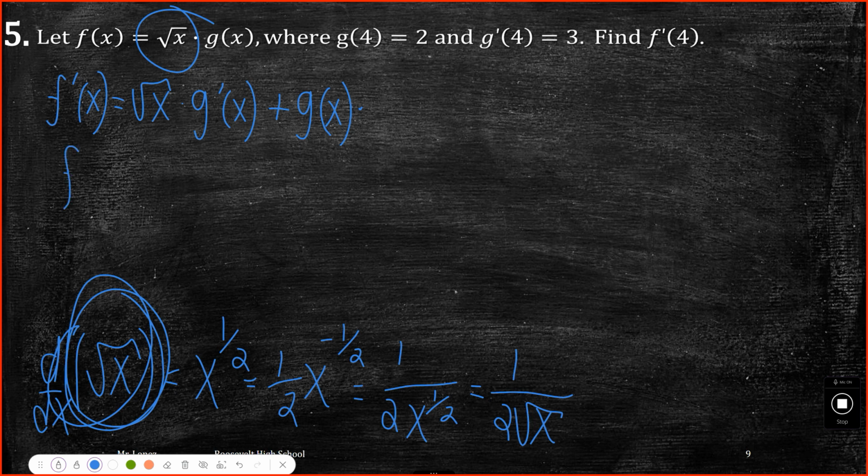So f prime of x. So now we evaluate f prime at 4.